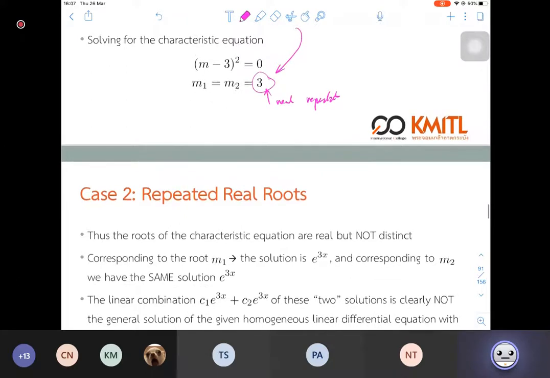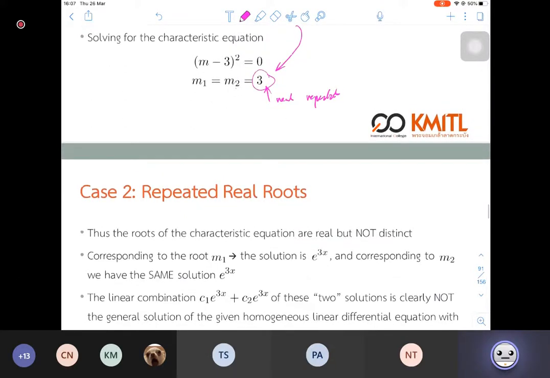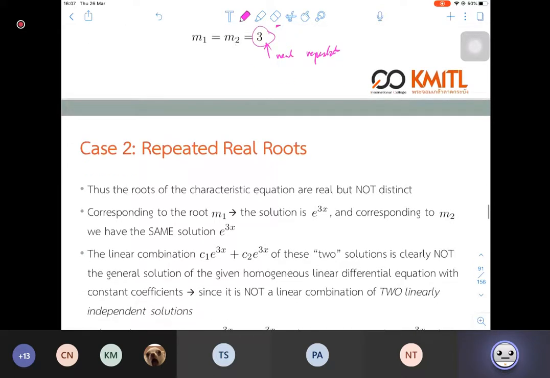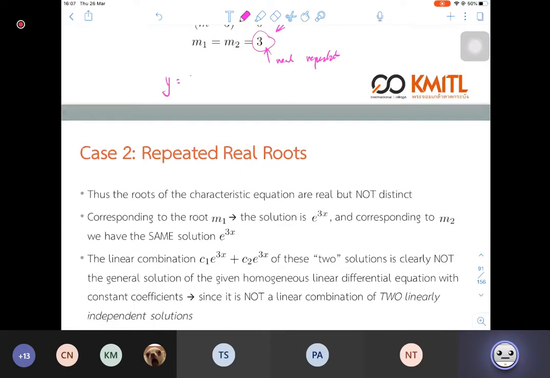So it's still real, but repeated root, or you have the same number for m1 and m2, the same root. Okay, suppose we're going to go for general solution using this root, what is going to be? So your general solution is going to be c1 e to the power of 3x plus c2 e to the power of 3x, right? Which is obviously the same term, so we can combine them, and call that, let's say, c0 e to the power of 3x.